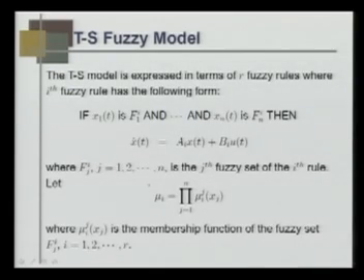Then the fuzzy index mu i associated with the ith fuzzy rule is given by this formula, where mu ij(xj) is the membership function of the fuzzy set fji, i equal to 1 to r.